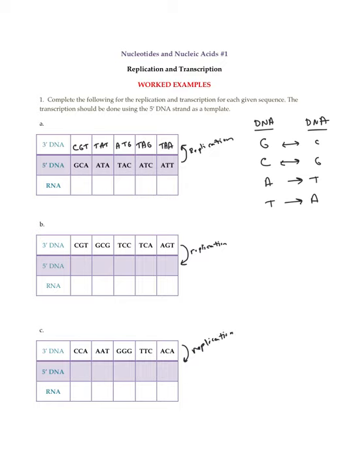And so CGT becomes GCA, GCG becomes CGC, TCC becomes AGG, and TCA becomes AGT, TGT becomes ACA, ACGAT becomes TGCTA, CCA becomes GGT, AAT becomes TTA, GGG becomes CCC, TTC becomes AAG.